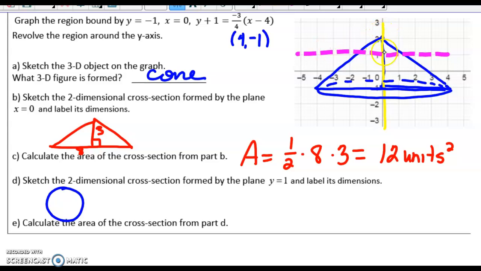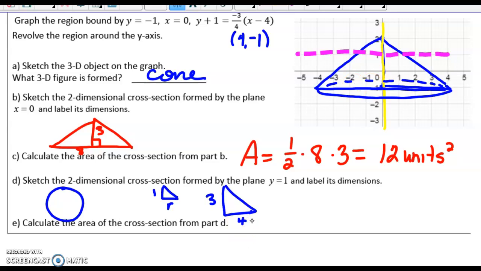So I'm going to look up here and I have this little baby right triangle. I'm trying to find the radius, so I'm going to call that r. And I know from this line to the top, it is 1. And then I have this right triangle, this one right here. When I count 1, 2, 3, the height is 3. And this one has a radius of 4.